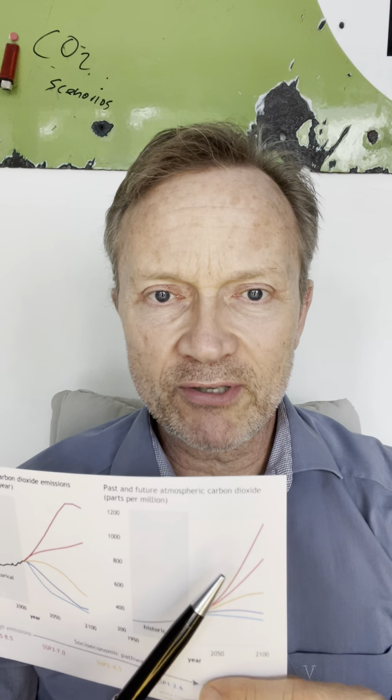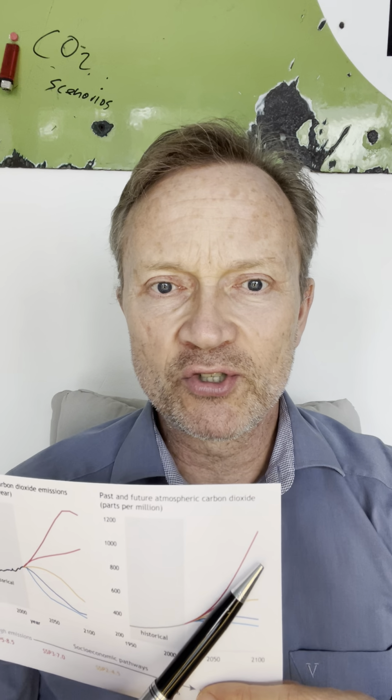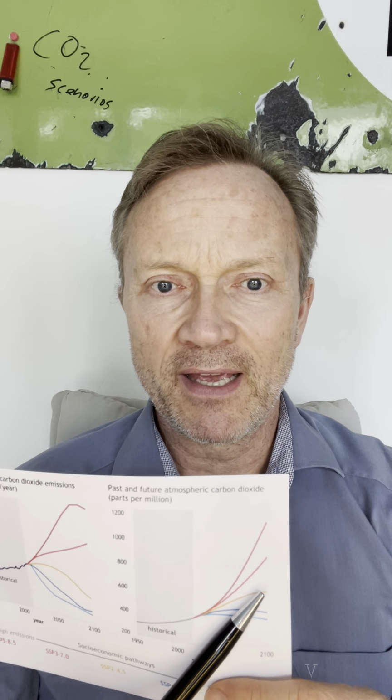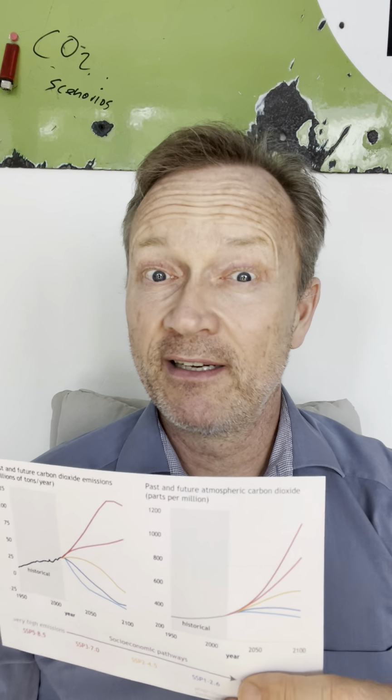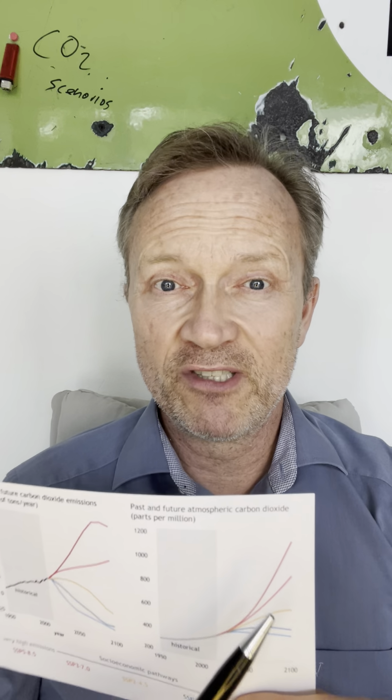We don't see anything from this line here. And you see that line was the most extreme. Okay, we forget that one. So if I would choose anything, I would say, hey, we are probably going to arrive somewhere between the yellow and the red. And the yellow is maybe a little bit optimistic with what we see today.